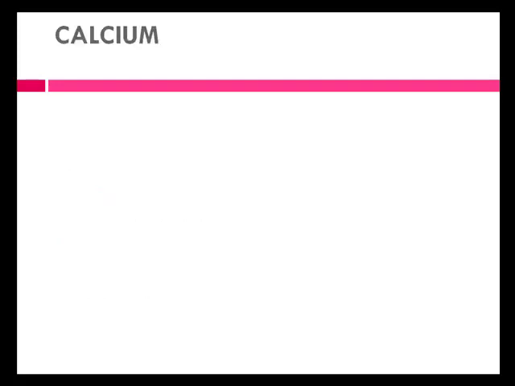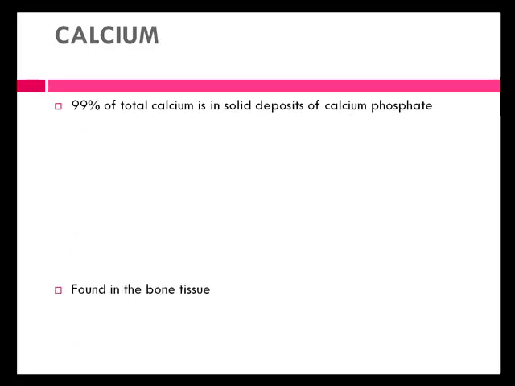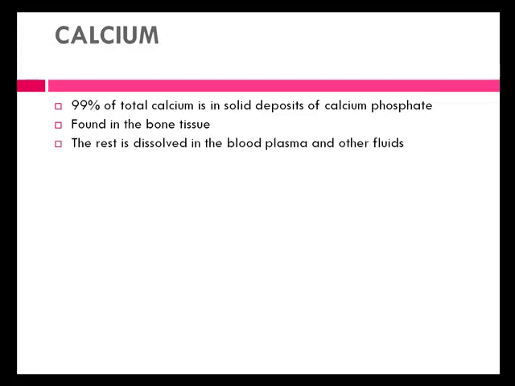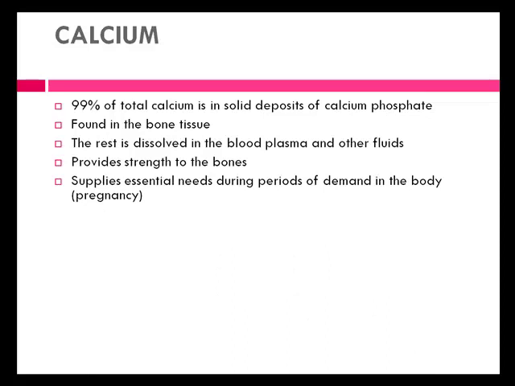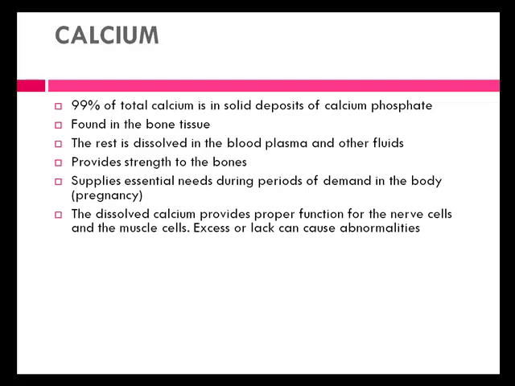Now, calcium: 99% of total calcium is in solid deposits of calcium phosphate, found in the bone tissue. The rest is dissolved in the blood plasma and other fluids and provides strength to the bones. It supplies essential needs during periods of demand in the body, for example, pregnancy.